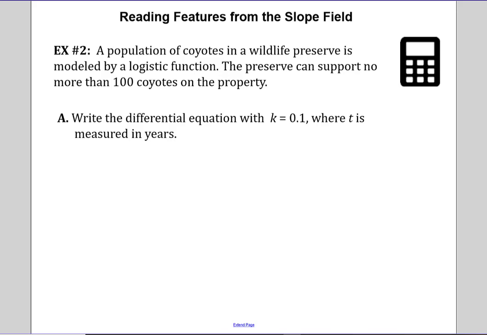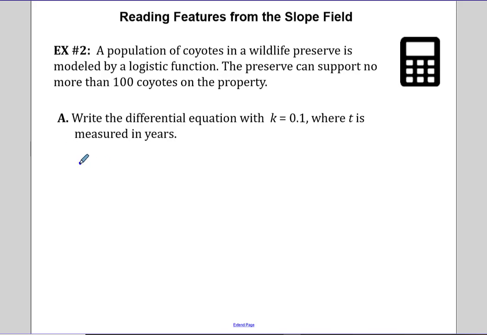You need a calculator. So a population of coyotes in a wildlife preserve is modeled by a logistic function, and the preserve can support no more than 100 coyotes on the property. And we want to write the differential equation with our K value being 1/10, where T is measured in years.